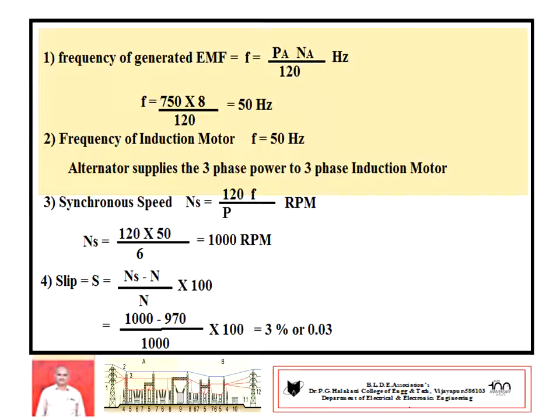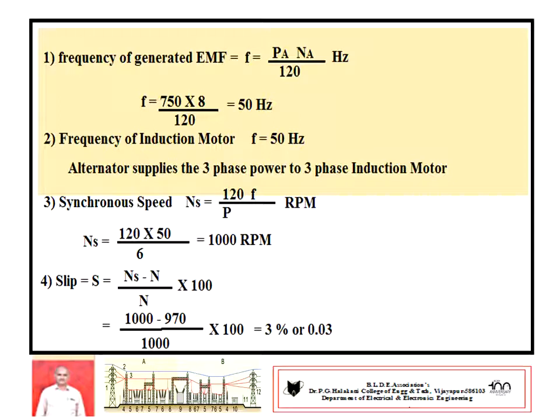The rest of the problem goes in the same manner. The frequency of the induction motor becomes the frequency of the generated EMF of the alternator. The alternator generates the EMF and supplies it to the motor. Frequency of alternator is the same as frequency of motor. Hence, the frequency of the induction motor is 50 hertz.